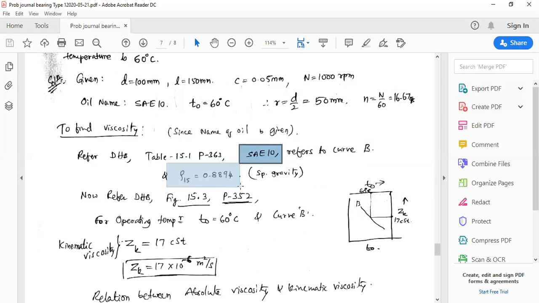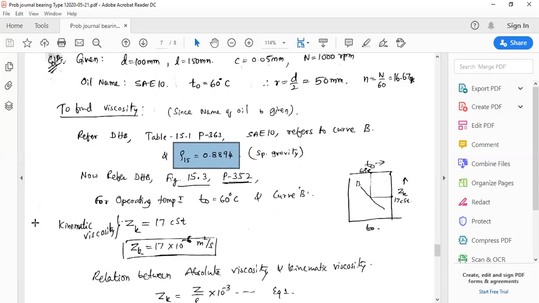And the specific gravity of the oil at 15 degrees centigrade is also tabulated in the same table. This value is 0.8894, that is specific gravity, unitless. And by referring to figure 15.3, on page number 352, we can get the value of Zk.